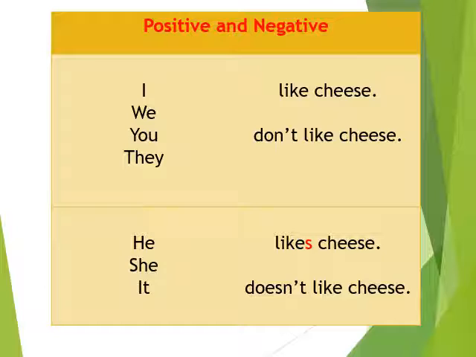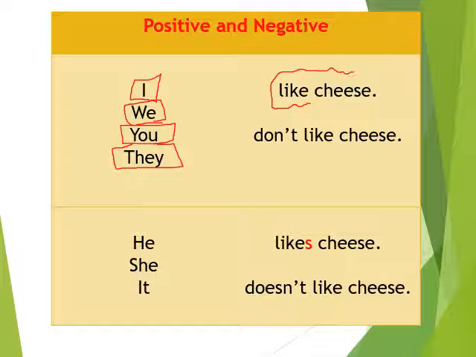Just to be fair with you, the positive and negative are the same in every language. If we are trying to talk about I, we, you, and they, each of them has its own form in the sentence.